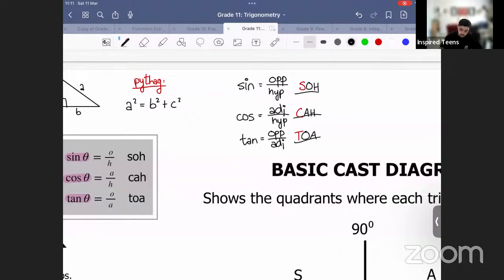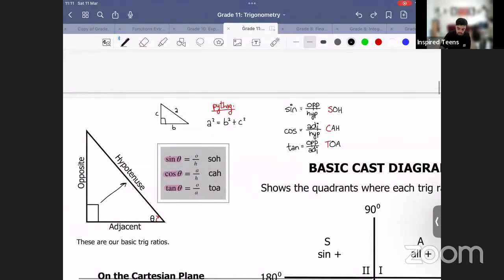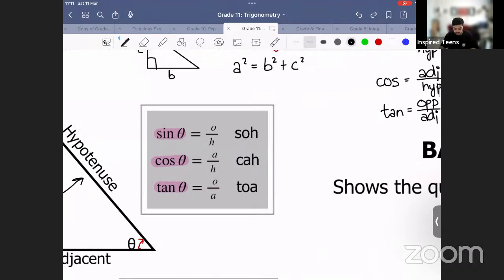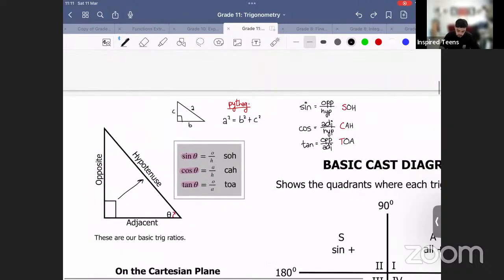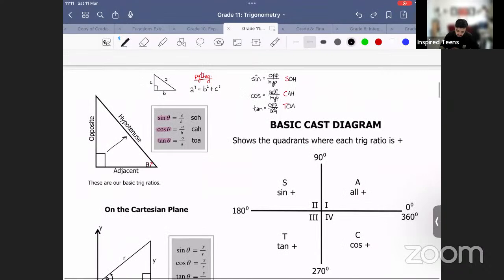So, SOH CAH TOA. That's a little mnemonic that you can learn to memorize it, and you'll never forget it for the rest of your life. SOH CAH TOA: sine is opposite over hypotenuse, cos is adjacent over hypotenuse, tan is opposite over adjacent. That's how we create those values.